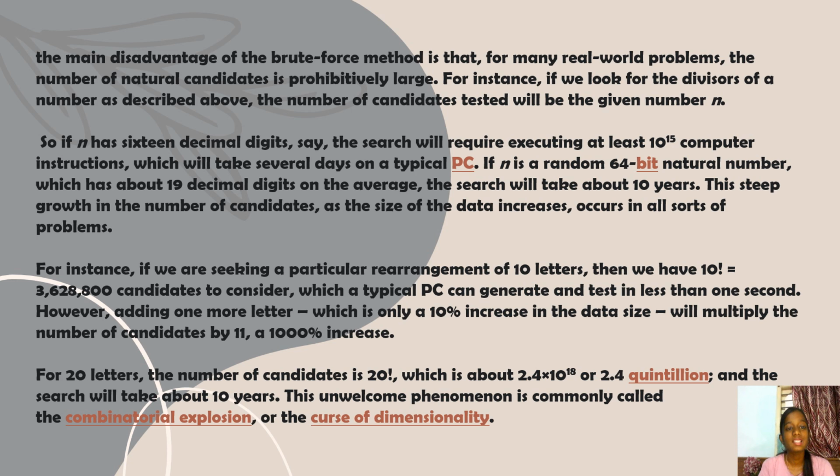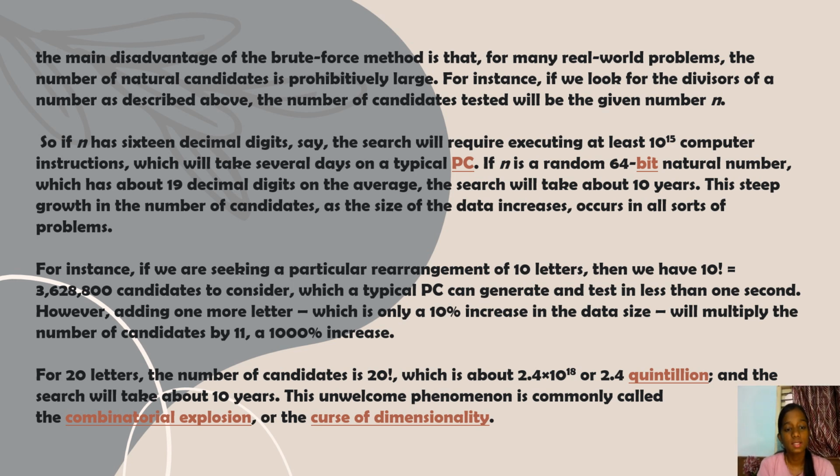So, if n has 16 decimal digits, say, the search will require executing at least 10 to the power 15 computer instructions, which will take several days on a typical PC. If n is a random 64-bit natural number, which has about 19 decimal digits on average, the search will take about 10 years. This steep growth in the number of candidates as the size of the data increases occurs in all sorts of problems.